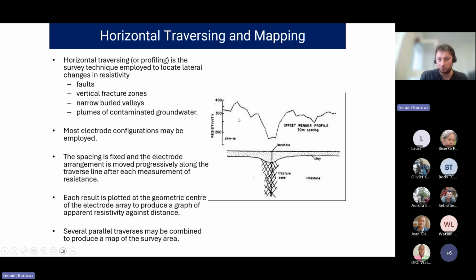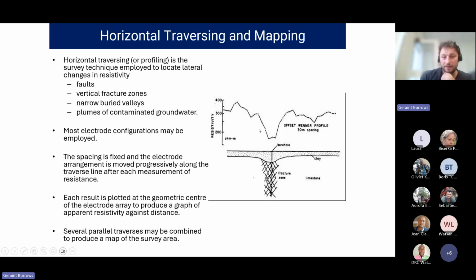And as you're doing that, you're picking up resistivity readings, which at this point are quite high, at 300 ohms per meter. But when you're going past this point and reaching this zone of deeper weathering, the resistivity of the signal you're getting back is reduced, and then it goes back up again as you've gone past that deeper weathering zone, and you're getting a more average signal from the, in this case, limestone, but it could be crystalline rock as well.